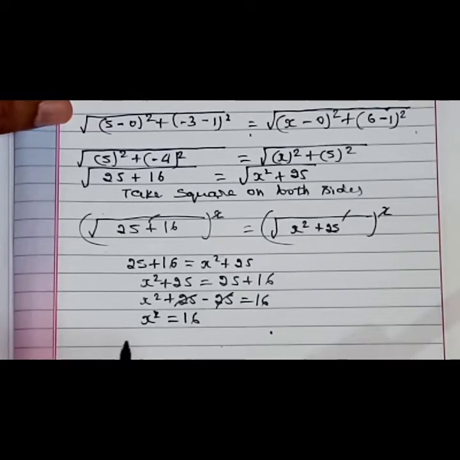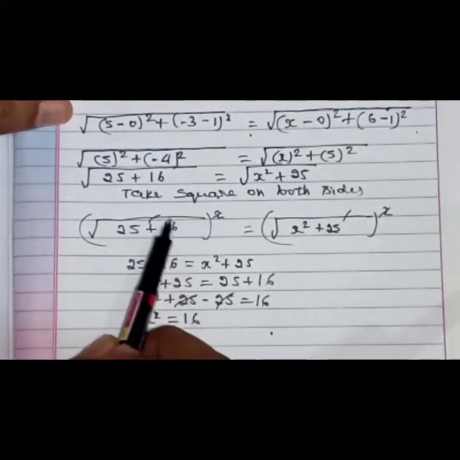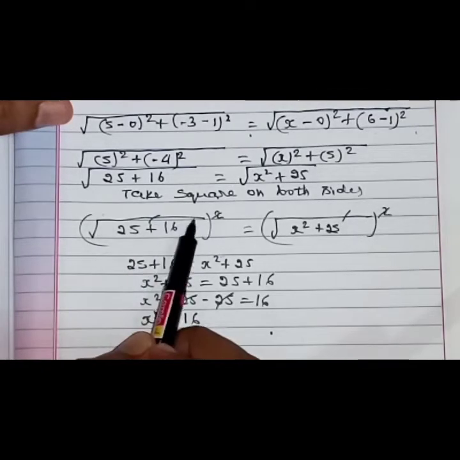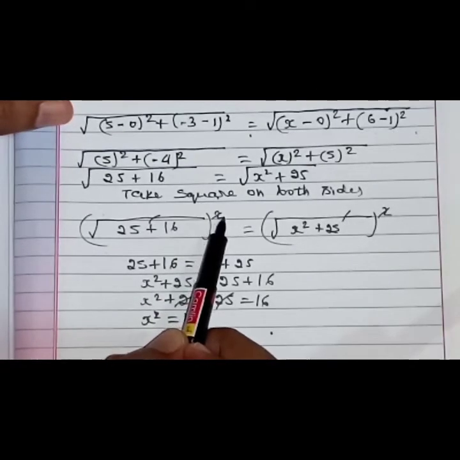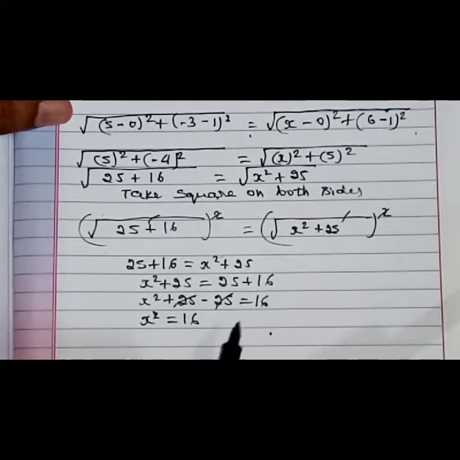Right, children? Now here we need x value, but x square is there. Now how will you cancel the square? Right, now here if you want to cancel the square root, means you are taking a square. Like that, if you want to cancel the square, you need to take the square root on both sides, then you'll get the answer. You will get the x value, right?